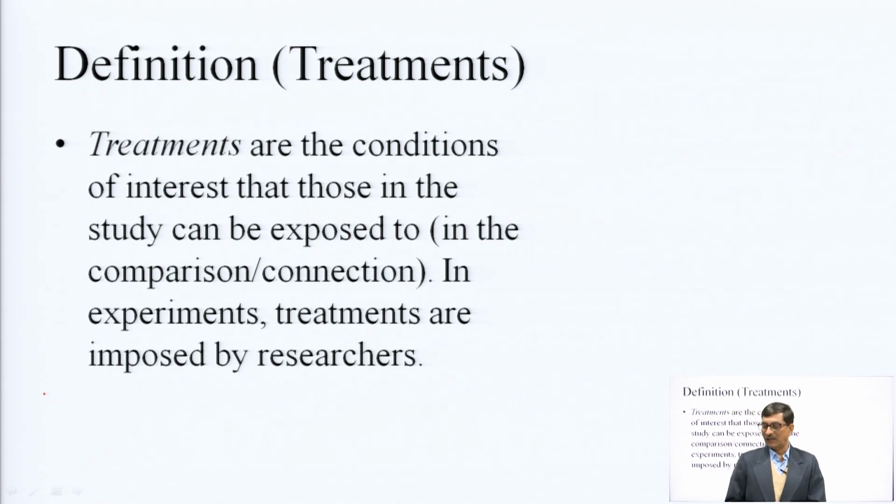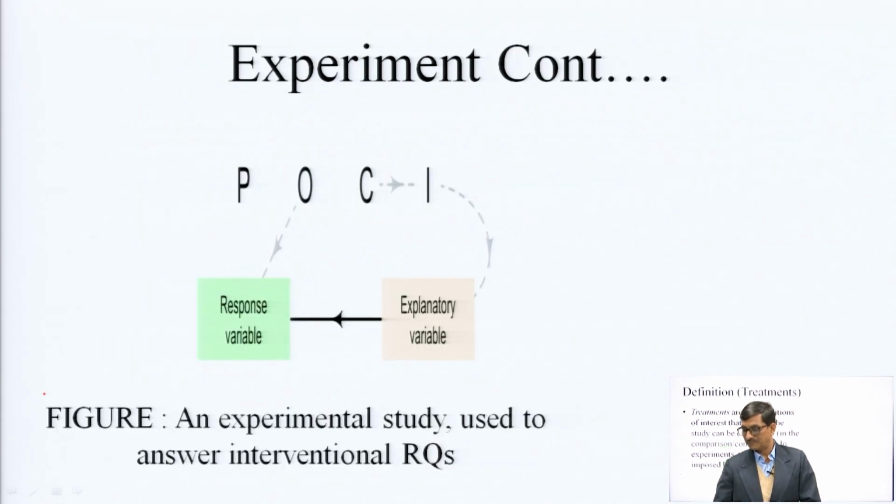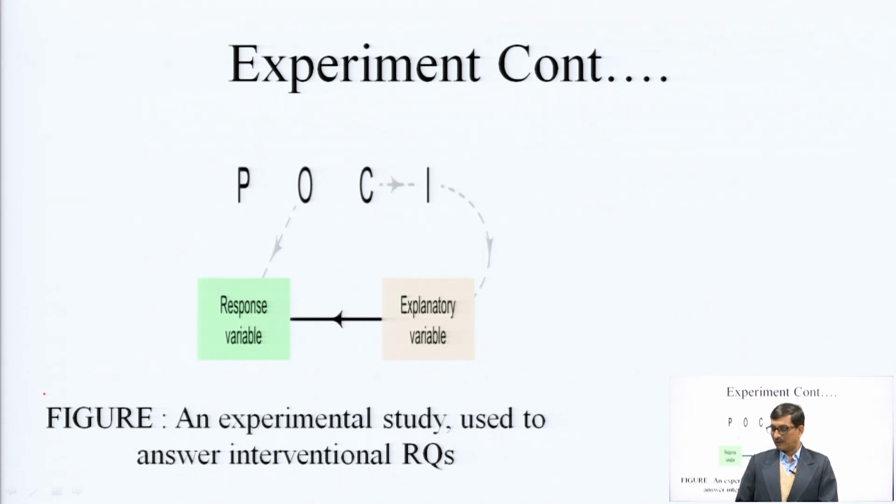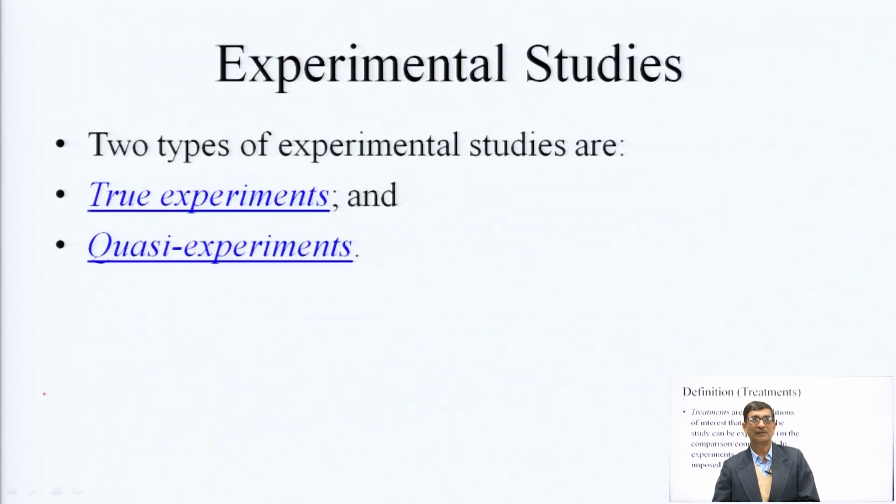So, what is treatment? Treatment is a condition that we expose in our study. Treatments are conditions of interest that those in the study can be exposed to in the comparison or control. This is the figure of the experimental study.